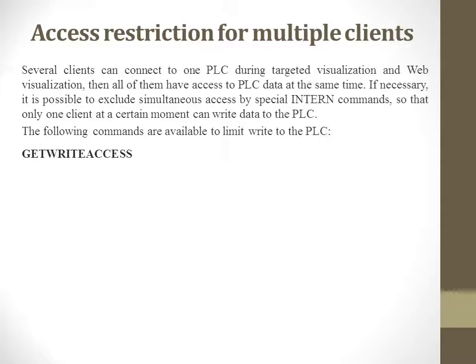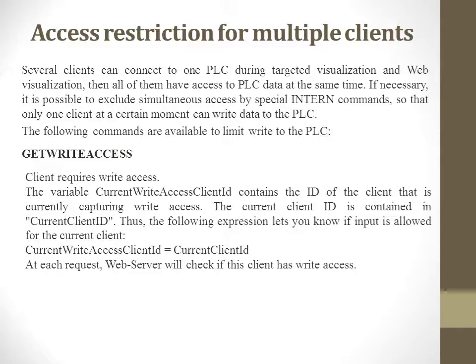So, get write access. This is the name of the command. And what is it? The client requires write access. The variable current write access client ID contains the ID of the client that is currently capturing write access. The current client ID is contained in current client ID.